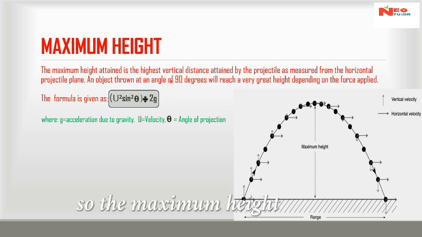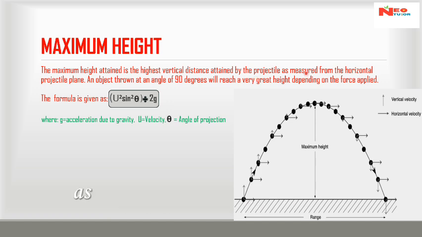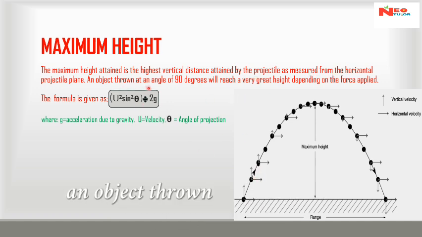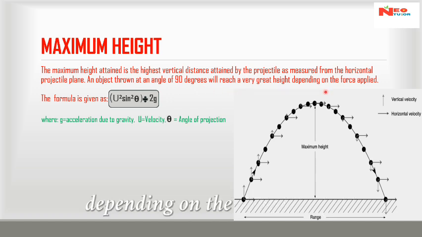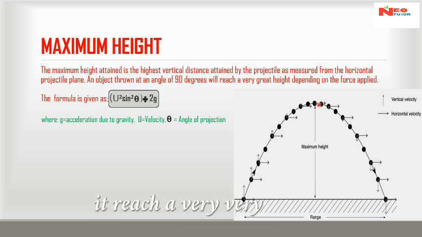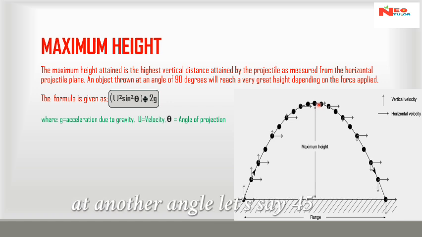So the maximum height attained is the highest vertical distance attained by the projectile as measured from the horizontal projectile plane. An object thrown at an angle of 90 degrees will reach a very great height depending on the force applied. That is, when you project an object at an angle of 90 degrees, it reaches a very high place compared to when you project it at another angle, let's say 45 or 60.